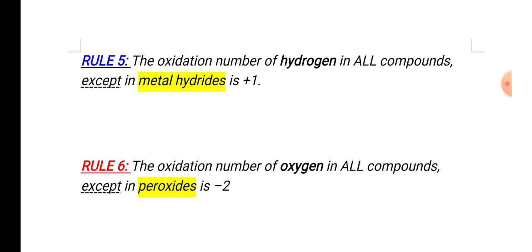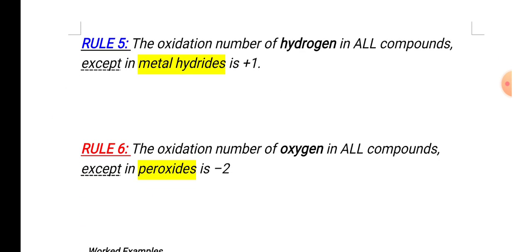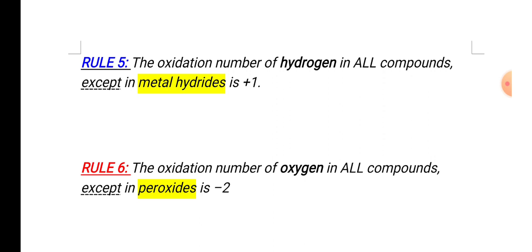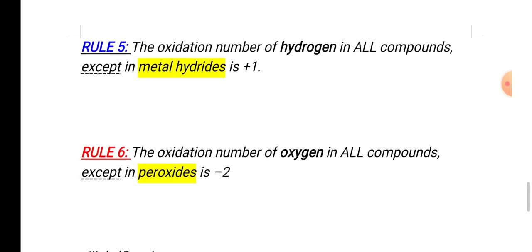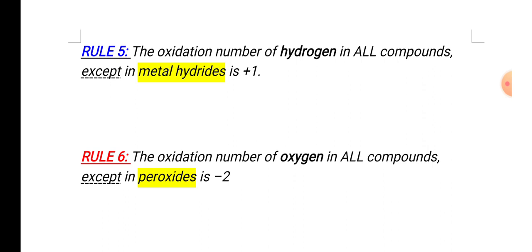Rule 6 says the oxidation number of oxygen in all compounds except peroxides is -2.